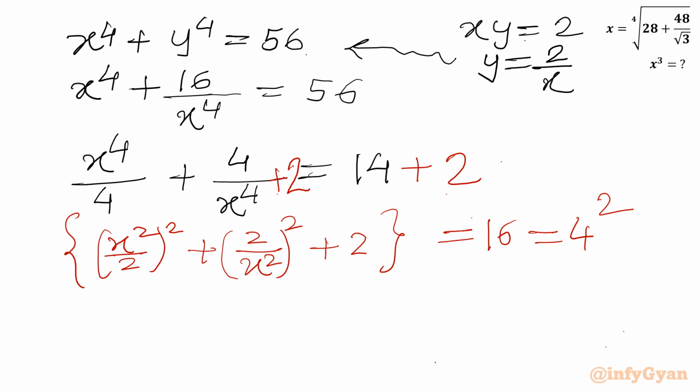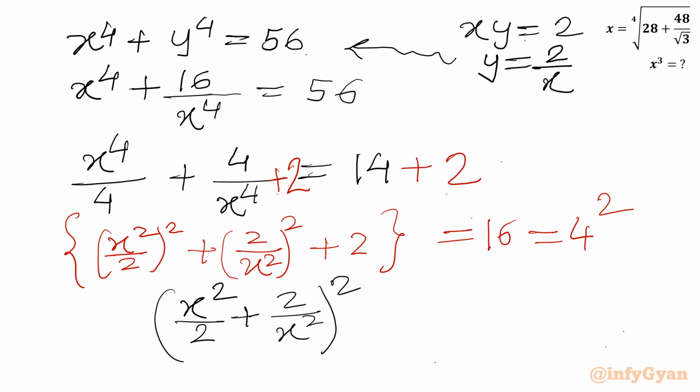Now the left hand side is one perfect square. It is the formula of a square plus b square plus 2ab. ab is 1 here. So I will write here x square over 2 plus 2 over x square whole square equal to 4 square.